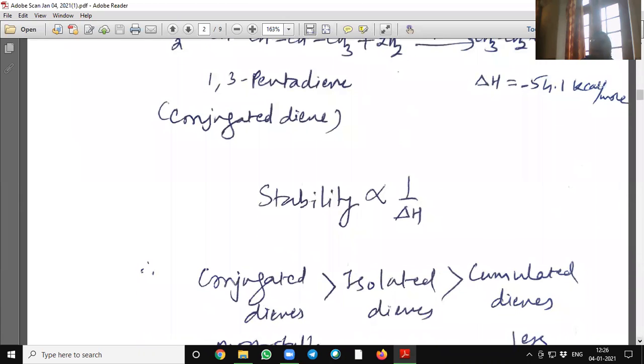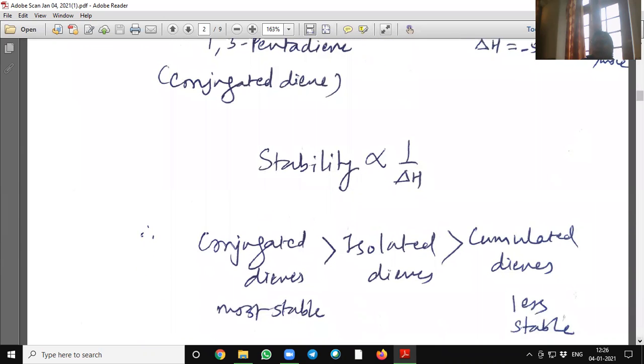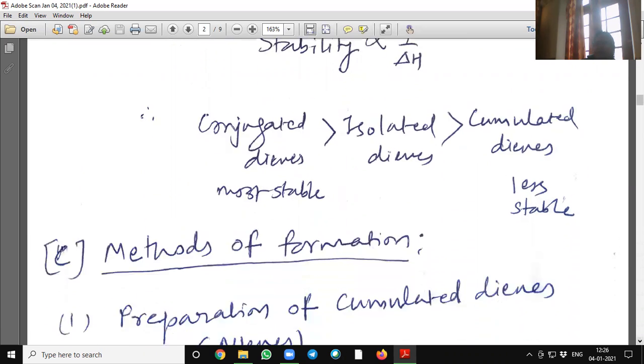See, here the delta H value of conjugated diene is the least, 54.1, whereas cumulated diene has 70.5 kilocalorie per mole. So cumulated diene is less stable. Conjugated diene is the most stable, more stable compared to isolated diene and cumulated diene. So on the basis of hydrogenation energy, we can find the stability order of the molecules.